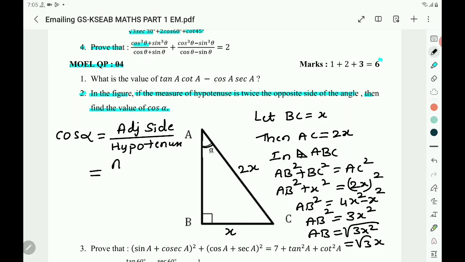Then you write AB by AC, which is equals to AB is root 3x by AC is 2x. You can cancel x and x, which is equals to root 3 by 2. Then you write cos alpha is equals to root 3 by 2.